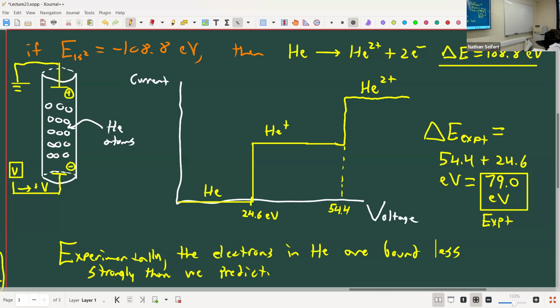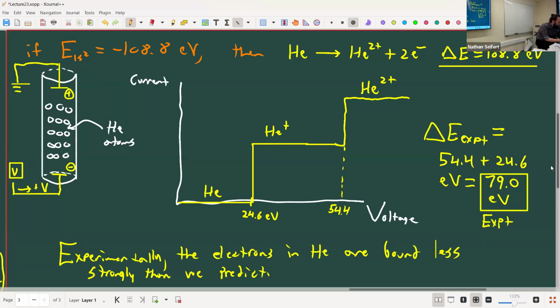So this energy difference is entirely due to that extra interaction term, that V term, the repulsion term. So what this is telling us is that the repulsion energy is about 30 eV. It's the difference of this.